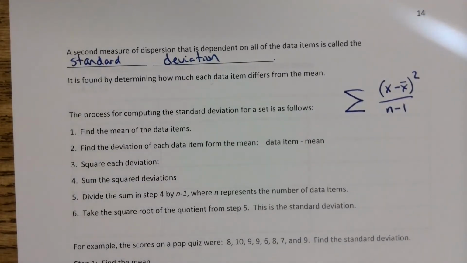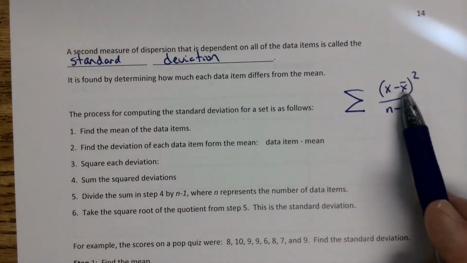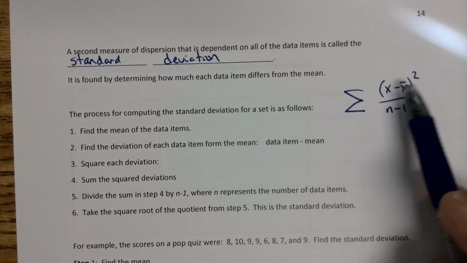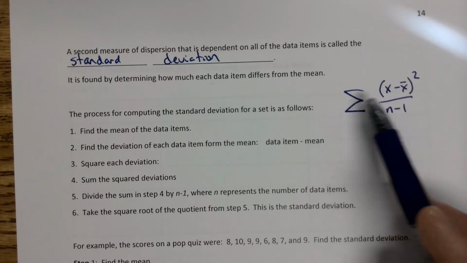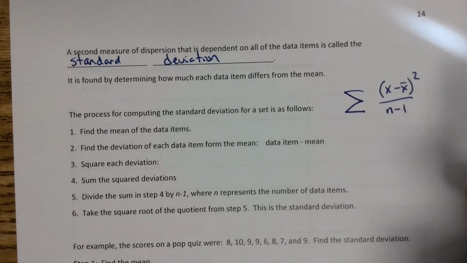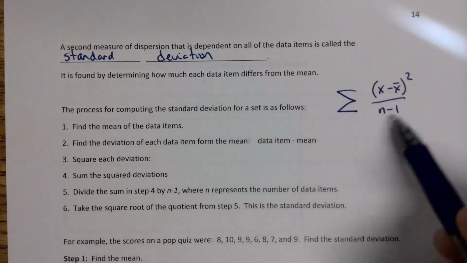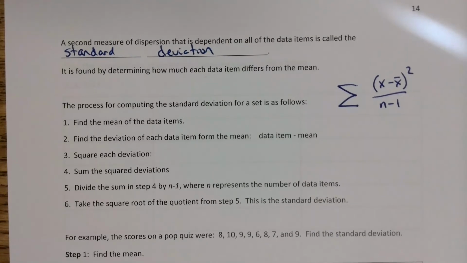It basically says take every x, subtract the mean from it, square that, add them all up, and then divide by 1 less than how many points there are. There's a reason you have to do n minus 1 instead of n, but it's not part of this class.